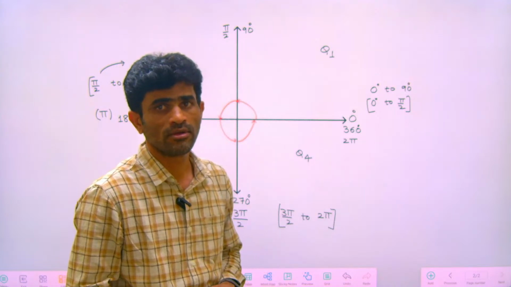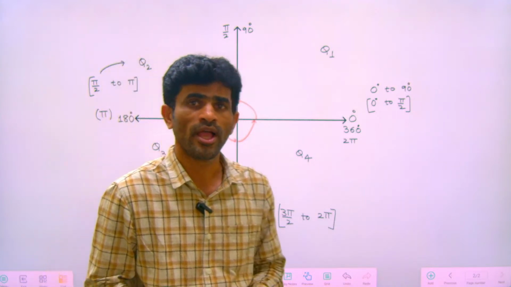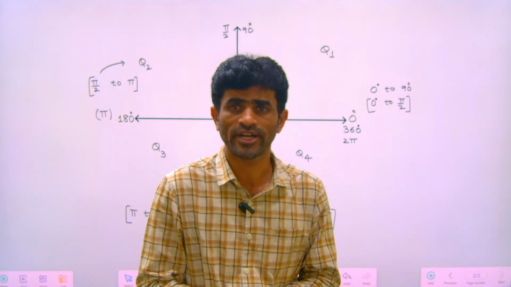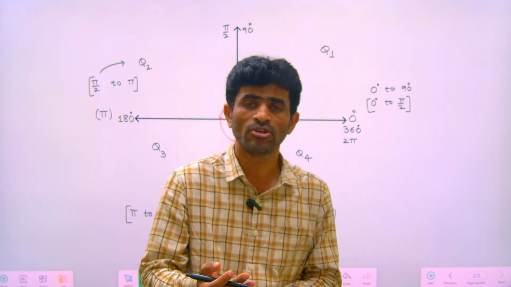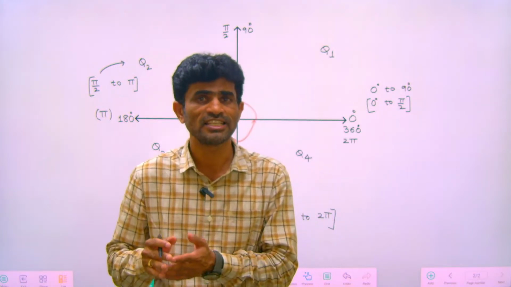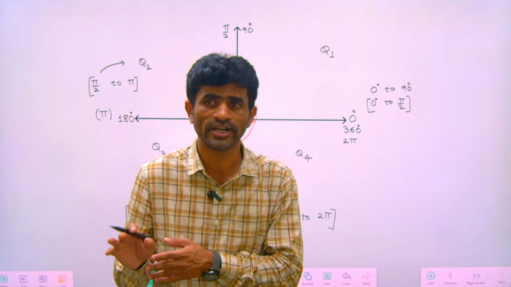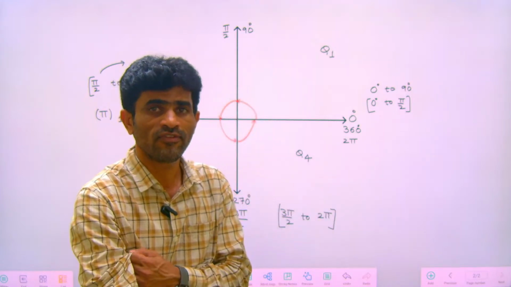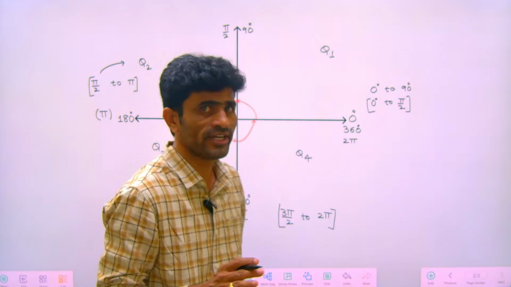Hope everybody is clear on how to identify which angle lies in which quadrant. This is important first: when you have an angle, you should know in which quadrant it is present. I have given that clarity.